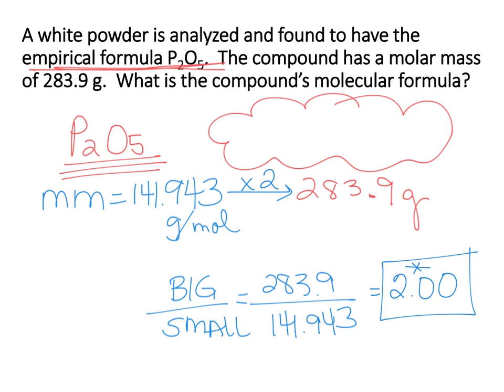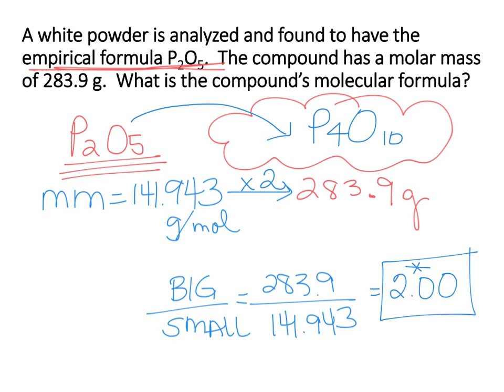So we're going to inflate this and double it. So we have to do the same thing to our formula, which means that our molecular formula for this mystery white powder is P4O10, tetraphosphorus decoxide.